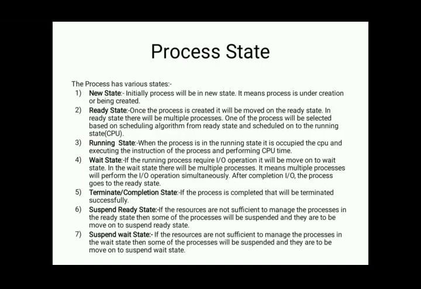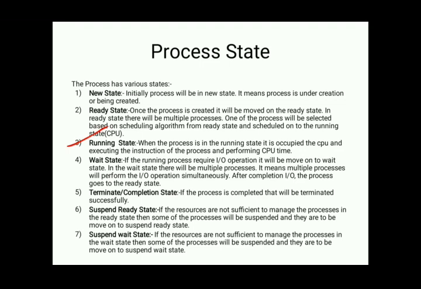What is the new state? In the new state, the process is to be created, or we can say the process is under creation. In the ready state, the process is already created and has been moved from the new state. In the ready state, the processes are waiting for their turn for executing in the CPU.